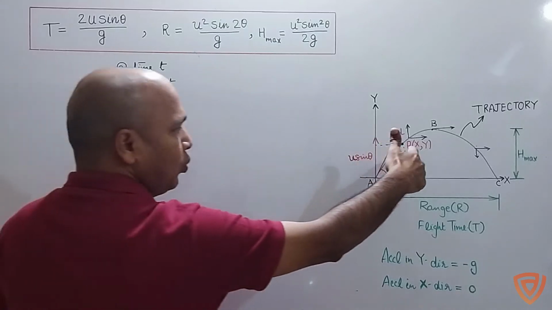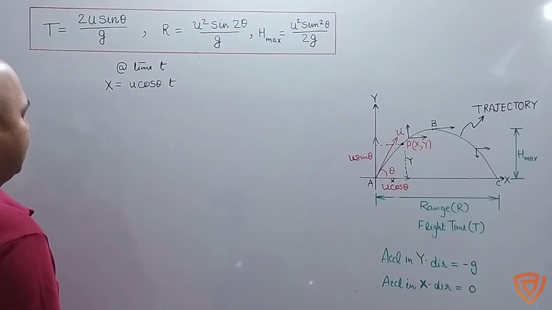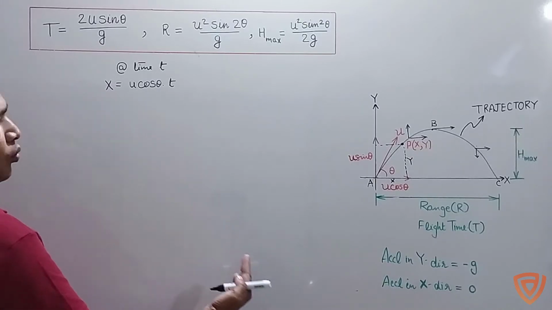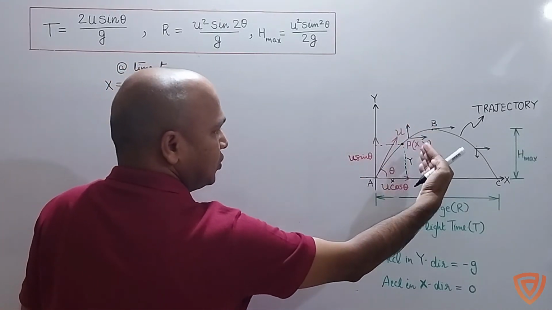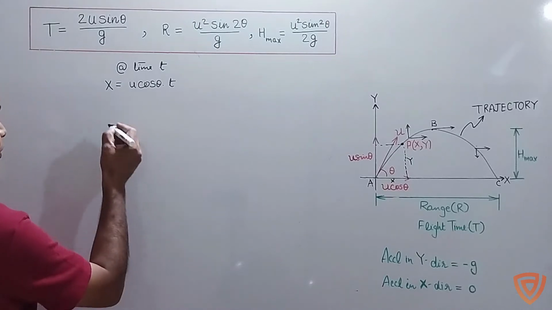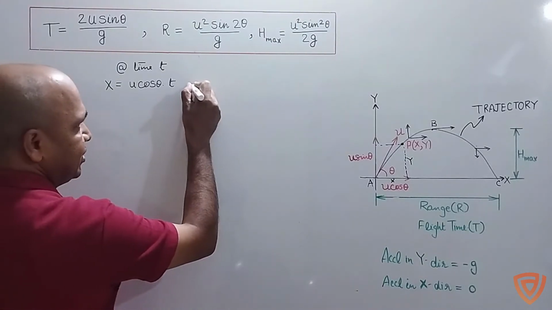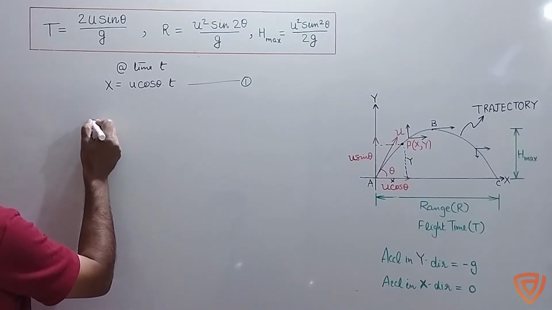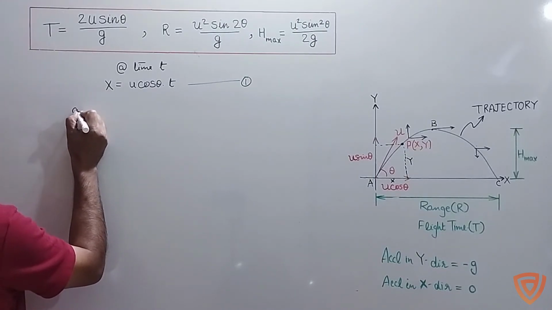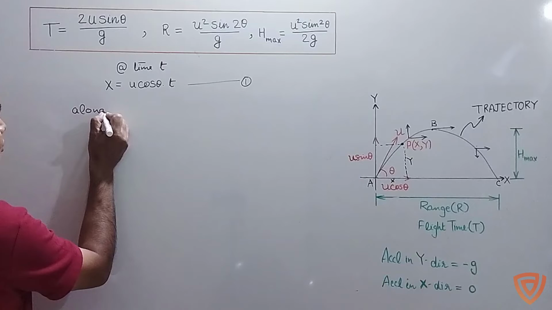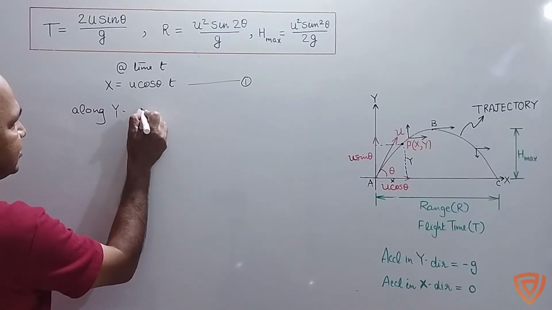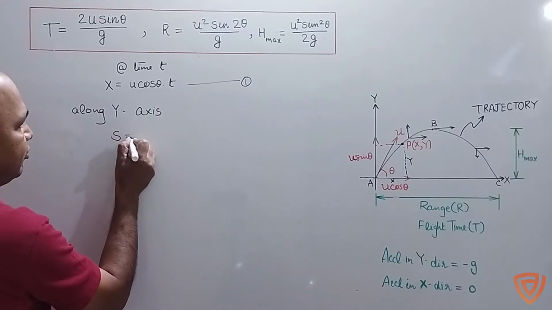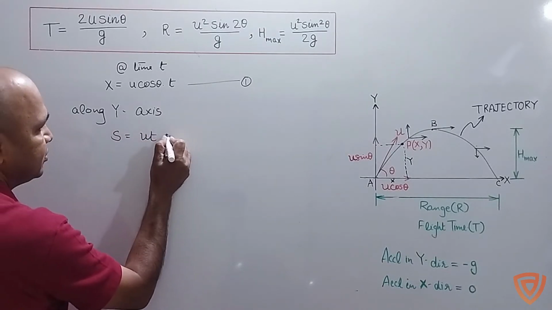How about y? Let's say this is equation number 1. y is a vertical distance. For that, along the y-axis, we can use the formula s is equal to ut plus half at square.